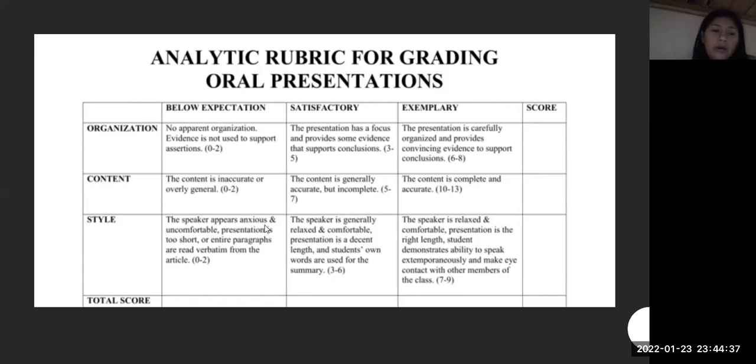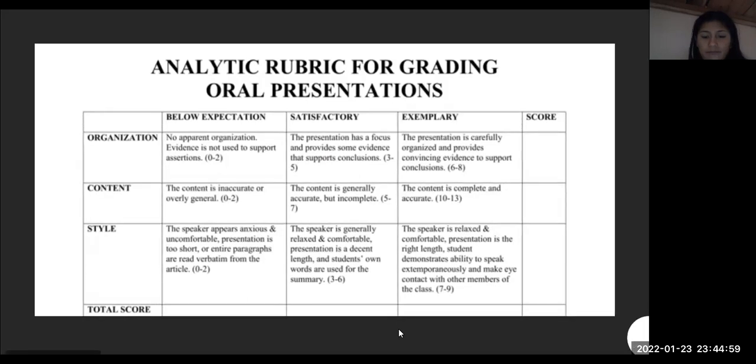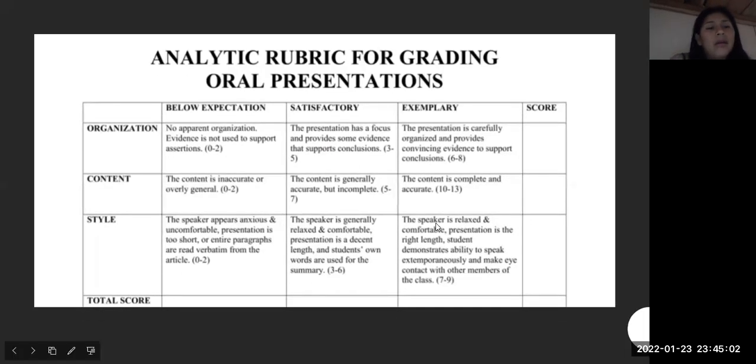Analytic rubric about the exercise before. The total score is according to the evaluation and the rubric.